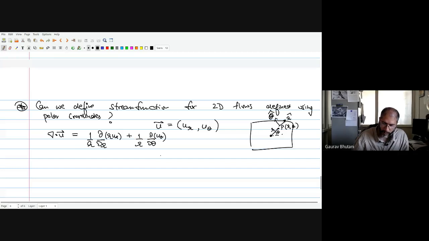So if the continuity equation is satisfied, because remember the whole reason we define a stream function is so that we don't have to work with the continuity equation. The stream function by its definition should satisfy the continuity equation.